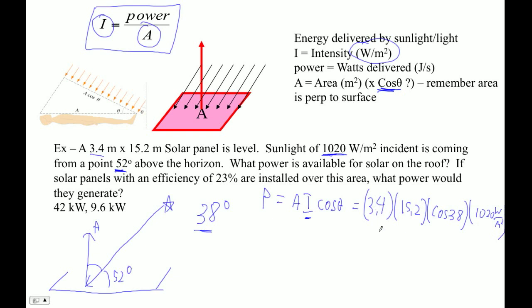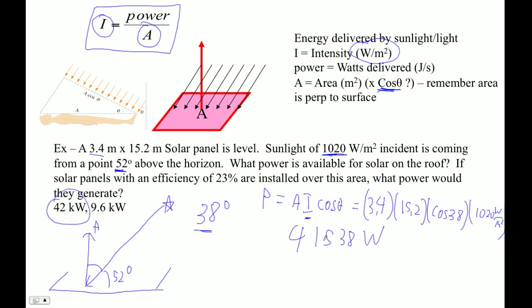Okay, so let's figure out the available power. 3.4 times 15.2 times cos 38. I'm always paranoid. And then times 1,020. And I get 41,538 watts. That's available.